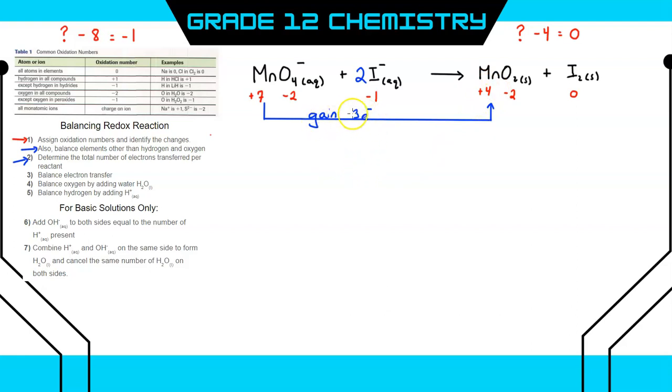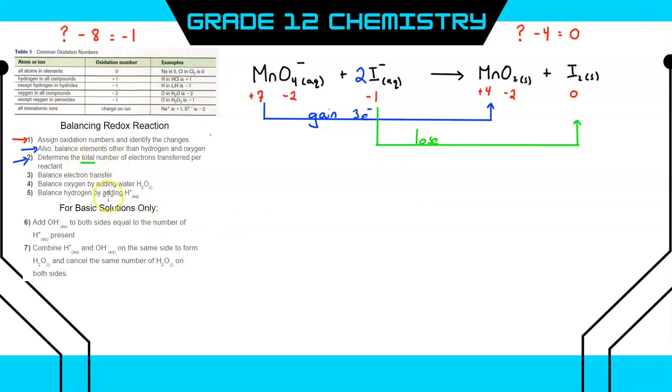And if we're gaining electrons, that means manganese is being reduced. Iodine, however, goes from -1 to 0. So it is actually losing electrons. And because it's losing electrons, it's being oxidized. But how many? Here's the important thing.